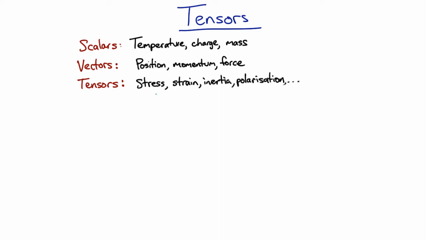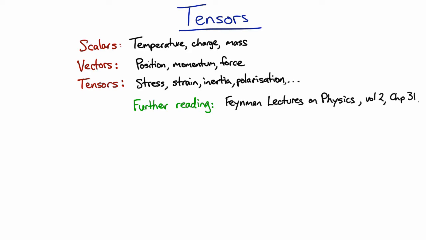And you'll note that all these examples of tensors are in fact due to the messy properties of real materials, which is where they crop up a lot. We're going to be talking about Cartesian tensors, i.e. tensors in just Cartesian coordinates. For further reading, I strongly recommend you check out the Feynman lectures on physics, which has an excellent treatment of this topic that we're going to follow fairly closely.